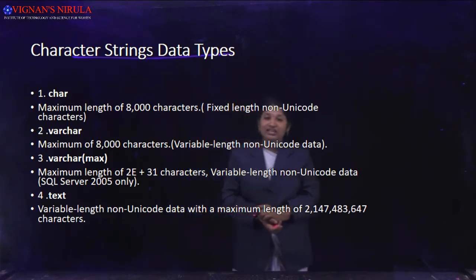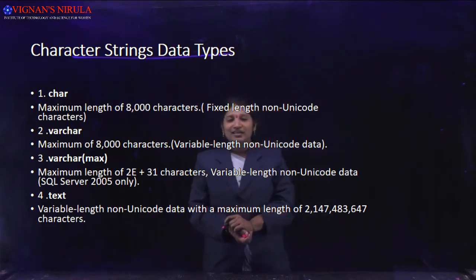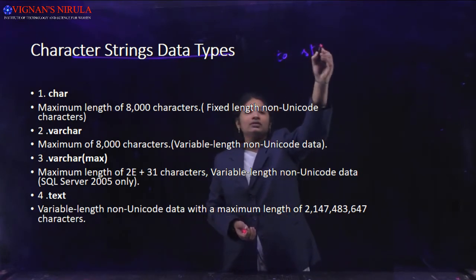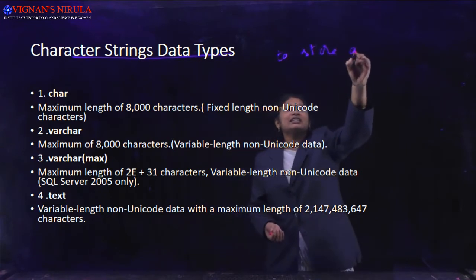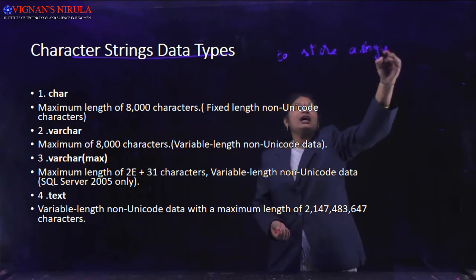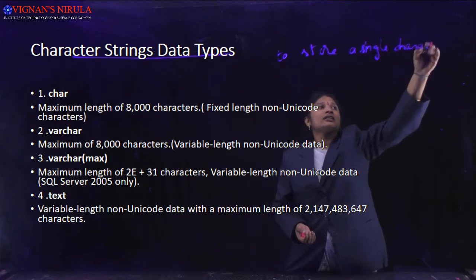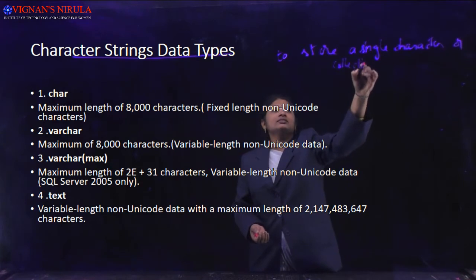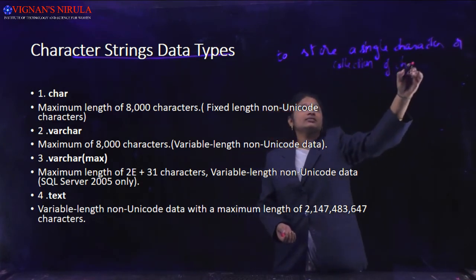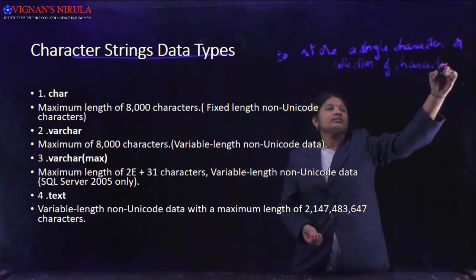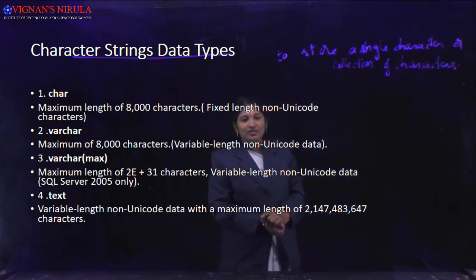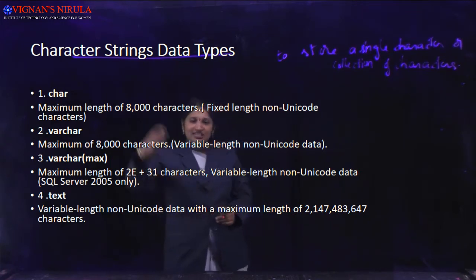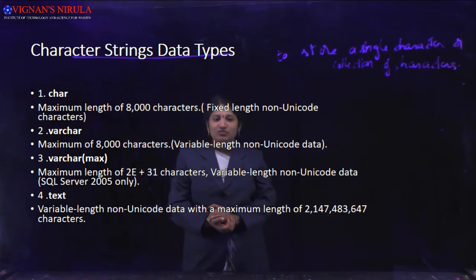As the name indicates, character data types or string data types can be used in order to store a single character or a collection of characters in your database. There exists a wide variety of character data types in the SQL language.